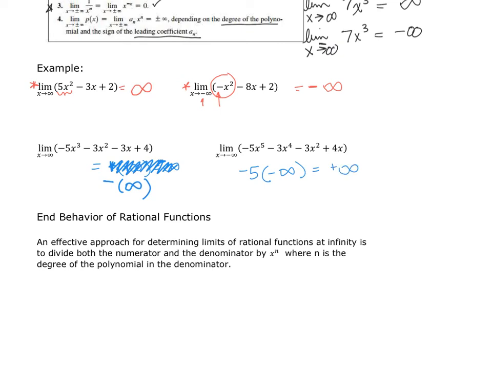Okay. When we want to look at these in general, we've already seen all of these rules. So let me write a little table here off to the side. If we have a polynomial, we talked about the end behavior by looking at whether the degree was even or odd and whether the lead coefficient was positive or negative.